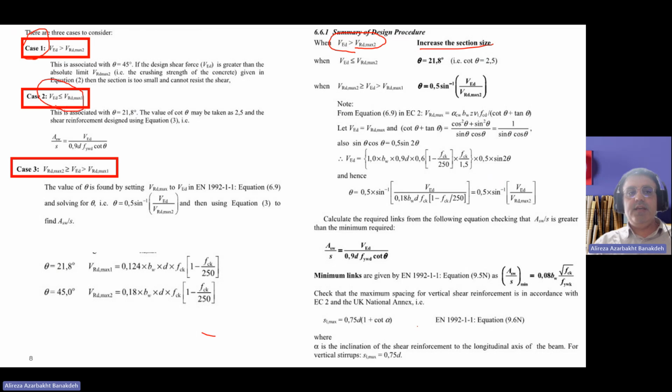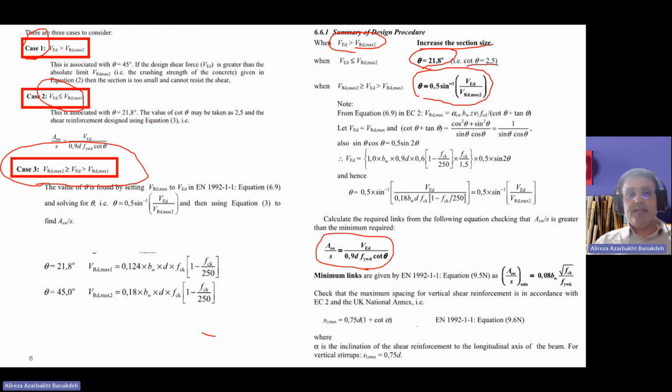In case 2, if it's less than Vmax 1, which means that obviously it will be less than Vmax 2 as well, then theta is 21.8 degrees, which means the cotangent of theta is 2.5, simple and pure.